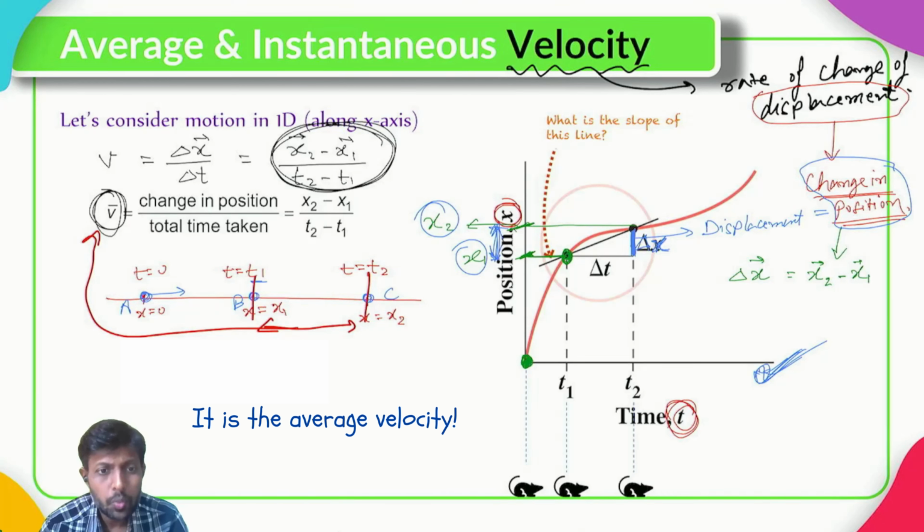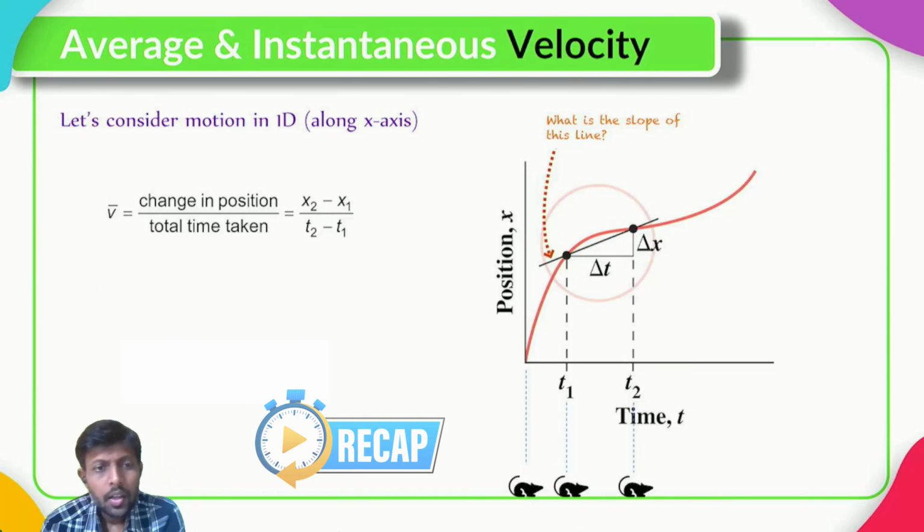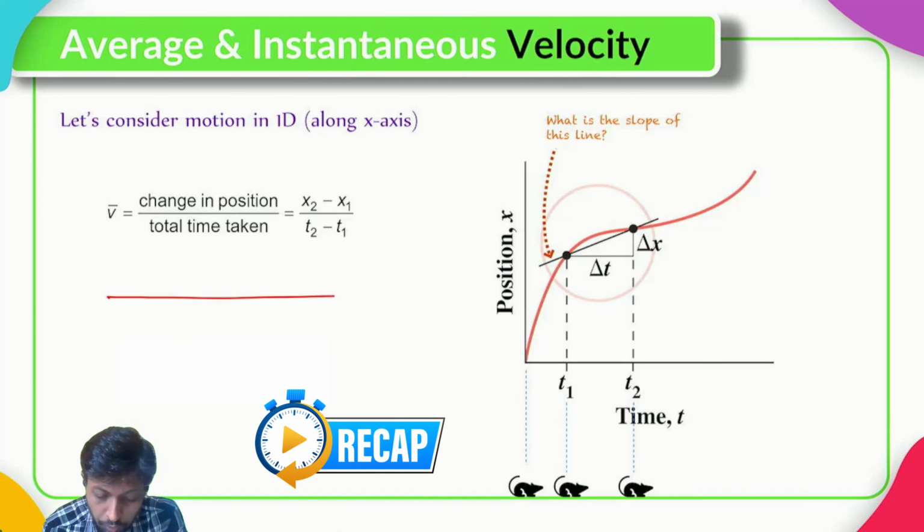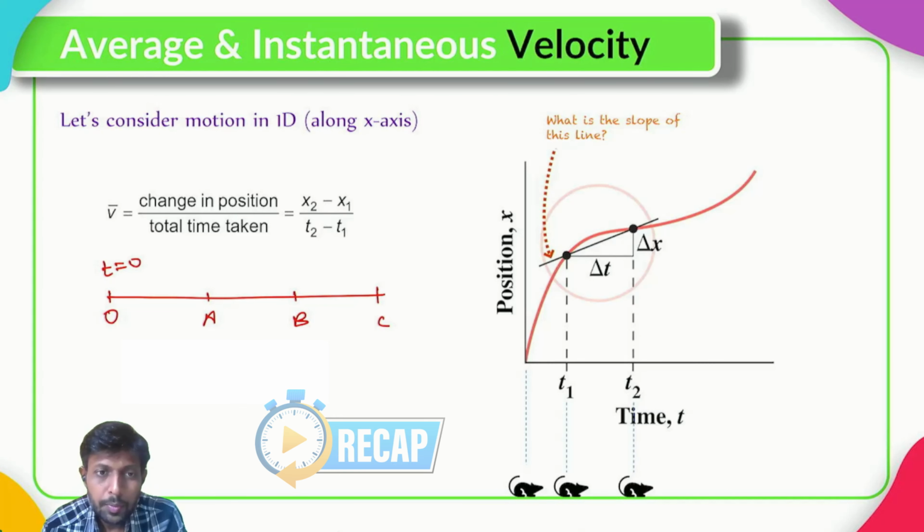Okay, let's recap this once more. So we took an example of an object moving from origin to point A to point B to point C. Now, the object at time t equal to 0 is at this position, x equal to 0. At t equal to t1, it is at A. At t equal to t2, it is at B. And if we have to find out the velocity of the object when it was moving from A to B, that is what we have to find out.